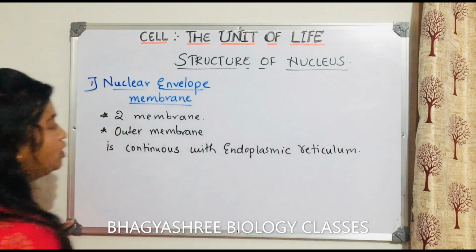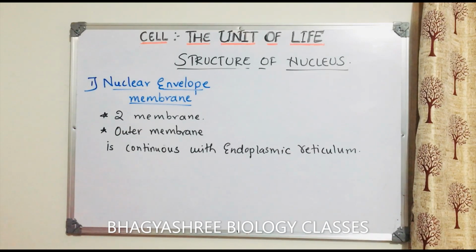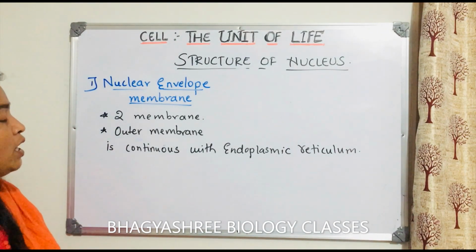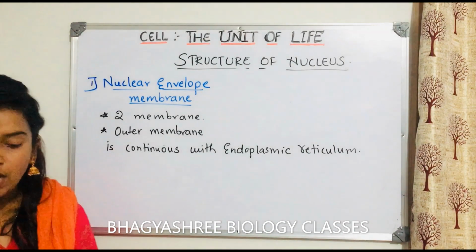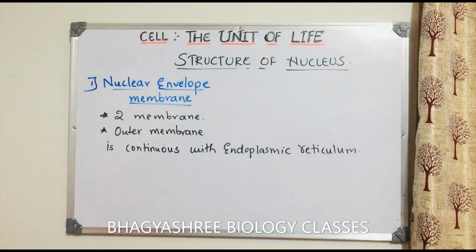Clear? So these are the two peculiar things about the outer membrane. And you know that the inner membrane doesn't have any other organelles bound to it. Anyway, this is about the outer membrane and the inner membrane. Then what we will see next is the nuclear pore.